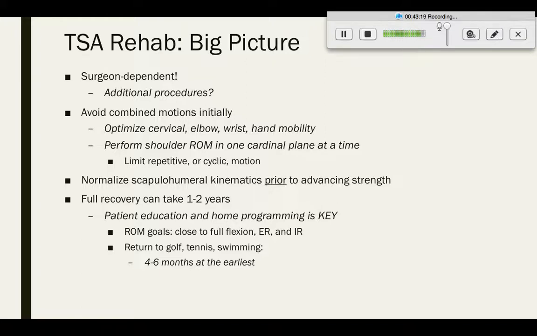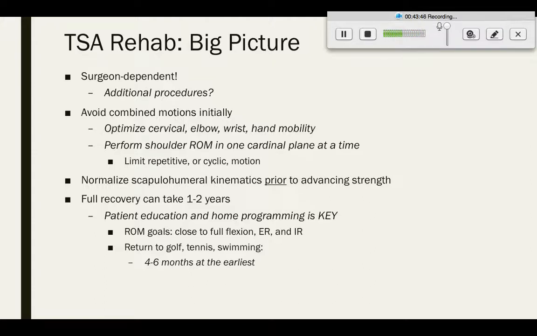So you want to optimize cervical, elbow, wrist, and hand mobility. Perform shoulder range of motion, so passive and then active assistive and active once cleared, in one cardinal plane at a time. And again, we're limiting repetitive or cyclic motion, especially if there's a subscapularis repair or any other rotator cuff repair that's performed. The goal is to normalize scapulohumeral kinematics, again, prior to significantly advancing strength.